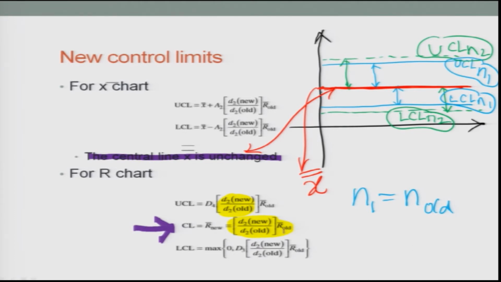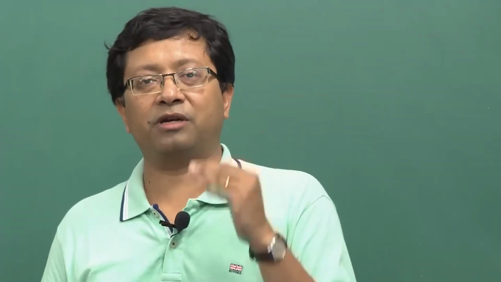That is why I said the values may not be equal, and obviously the upper control limit would be based on the ratios of D2 new and D2 old. Similarly for the LCL, remember only one fact: it will be the maximum of 0 and the value you get based on the new calculation.